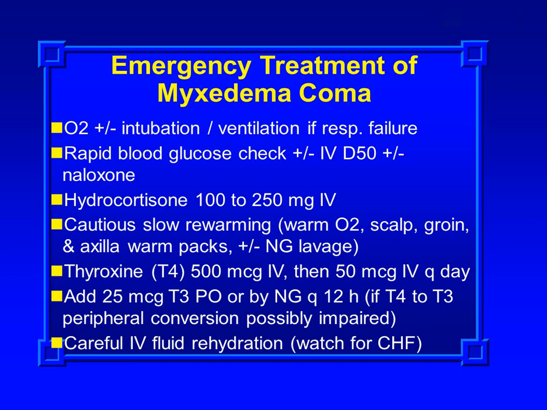Cautious slow rewarming, warm O2, scalp, groin, and axilla warm packs, with or without lung lavage. Thyroxine, T4 500 micrograms IV, then 50 micrograms IV daily. Add 25 micrograms T3 PO or IV Q12 hours, if T4 to T3 peripheral conversion possibly impaired. Careful IV fluid rehydration, watch for CHF.